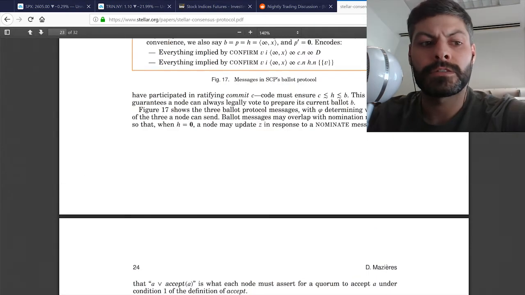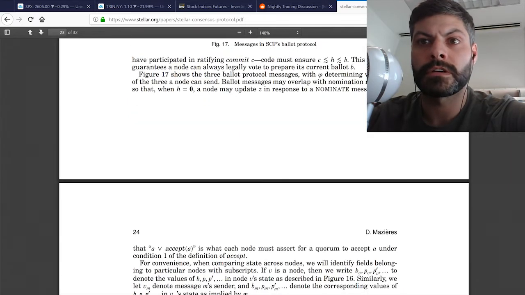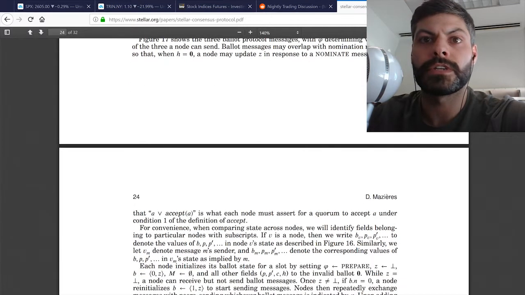Note that at least one of vote A or accept A is true at each node in a quorum; this is what each node must assert for a quorum to accept A under condition 1 of the definition of accept. For convenience, when comparing state across nodes, we will identify fields belonging to particular nodes with subscripts.